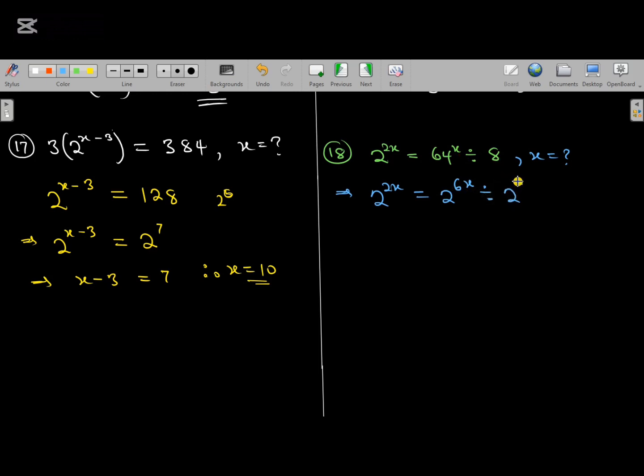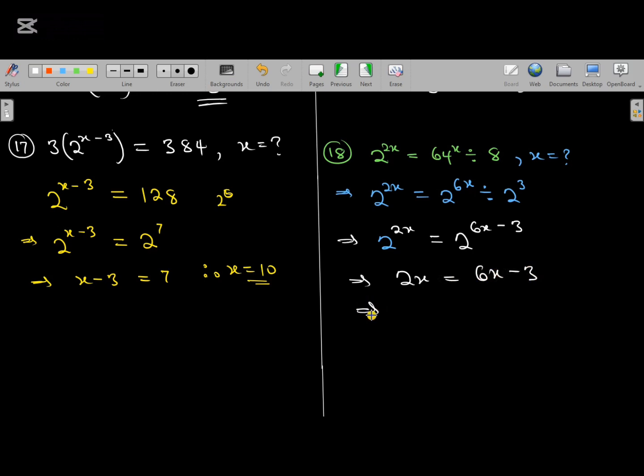Divided by 8, which is 2 to the power of 3. Okay, and so we'll have 2 to the power of 2x is equal to 2 to the power of 6x. Remember, division will change to subtraction of powers, so you just have minus 3x. And then, of course, the equal bases will go. So 2x, the power on the left-hand side, will be equal to 6x minus 3.